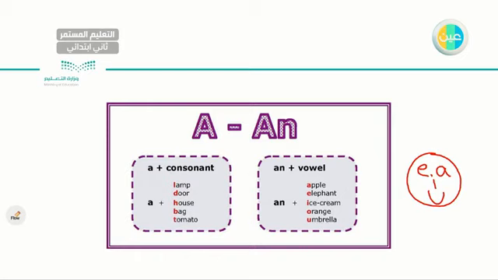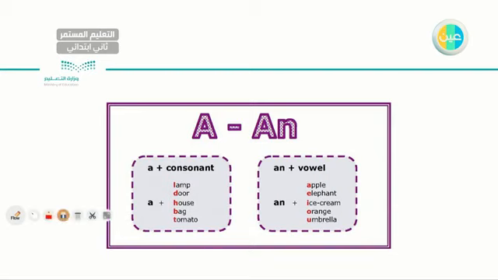O, E, A, I, and U. All the other letters are called consonant letters. So if I have a singular noun that starts with the letter T, I will use a: a table, a desk, okay? But if I have these letters, the vowels, it should start with the article an. Let's go to the next one.